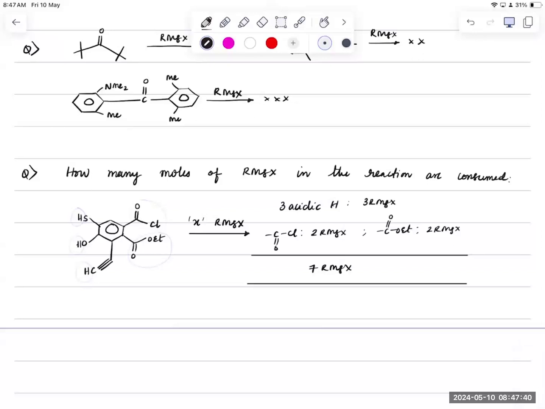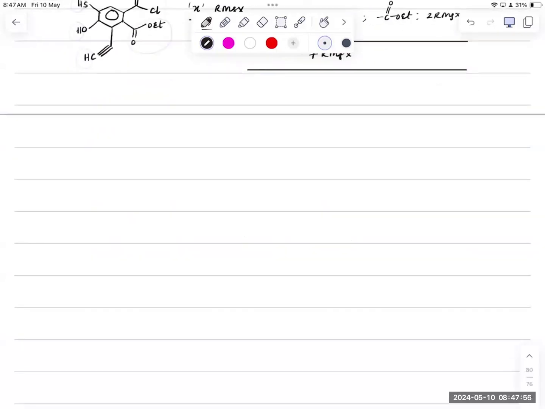Is this clear, everybody? So we just need to check and let us know how many moles will be consumed or how many moles will be remaining. Everybody understood that? So this gives us one important clarity: whenever you are treating RMgX with any acidic hydrogen, where do we find this acidic hydrogen?